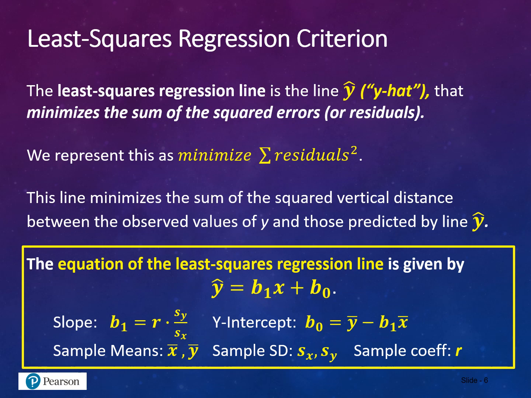The y-intercept, b sub 0, equals the sample mean for the y variable minus b sub 1, which we just figured out is the slope, times the sample mean for the x variable, the explanatory variable. These formulas are important, so you need to have those down in your notes.